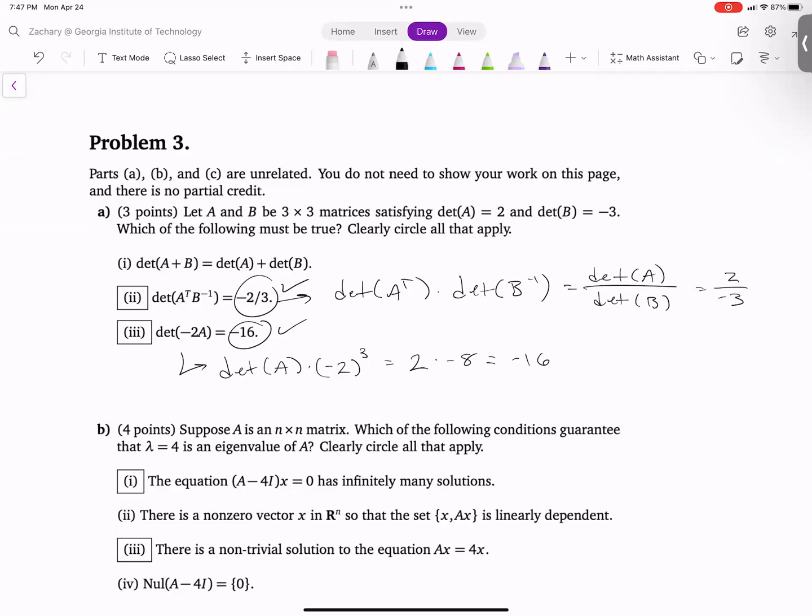If your determinant is 0, you also have an eigenvalue of 0, because the determinant is equal to the product of your eigenvalues. If you multiply all of your eigenvalues together and one is 0, it's all just 0, no matter what the rest are. Those are the two big things it ties to. And you can only have a determinant for a square matrix in this class.